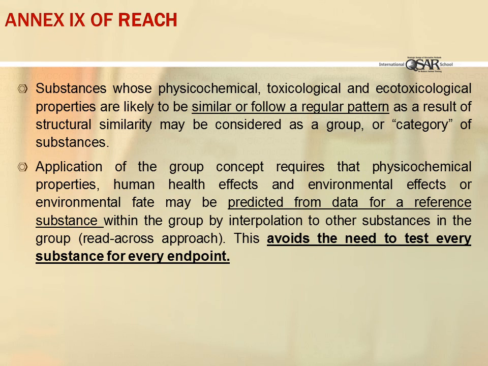The importance of this is that the application of this group concept requires that the physical chemical properties, human health effects, and environmental effects or environmental fate may be predicted from data for a reference substance within that group by interpolation to other substances in the group, read across. This avoids the need to test every substance for every endpoint.